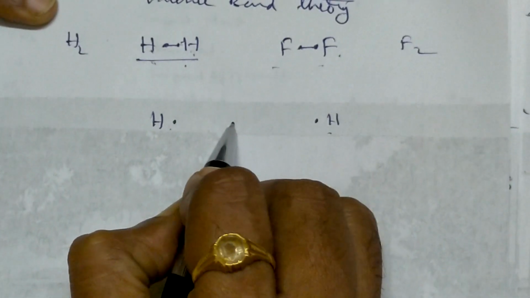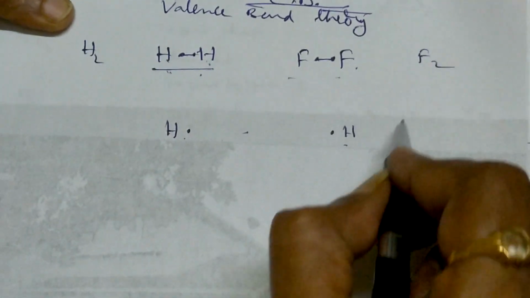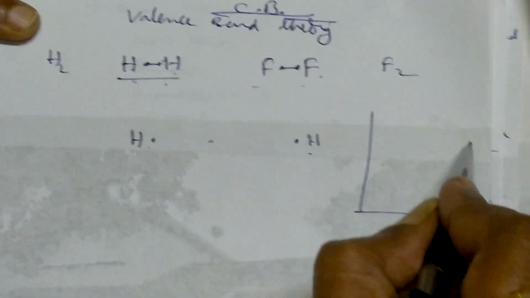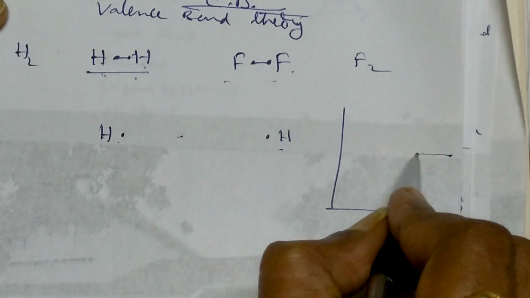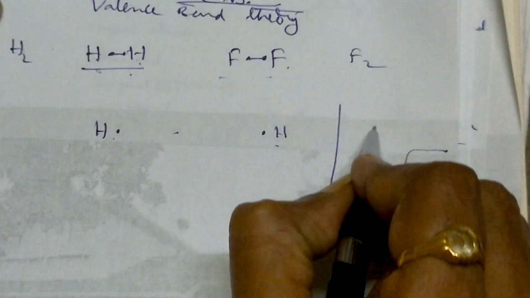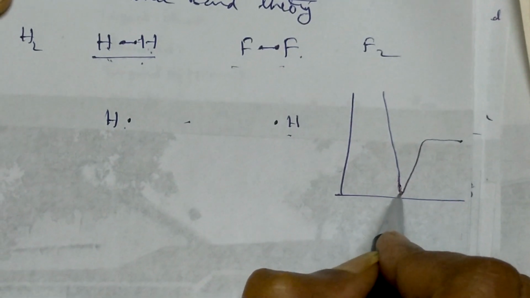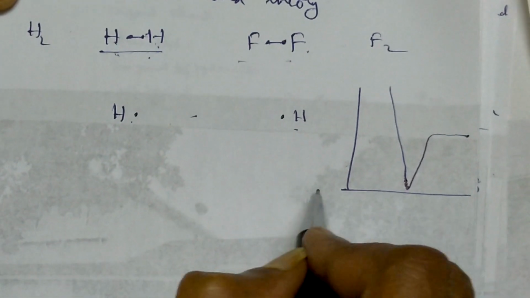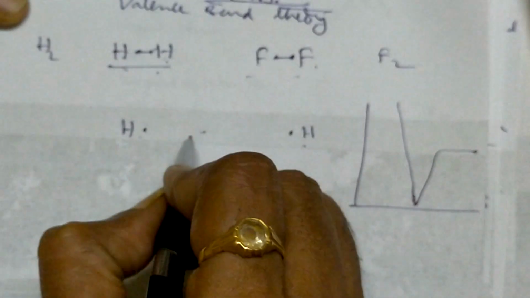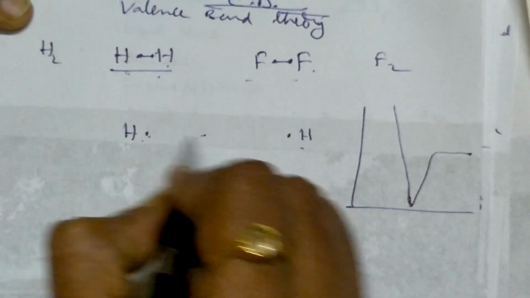But when they are closing in on each other, you see the potential curve, when they are far and when they come closer to the bond length, the bond energy is lower and this is the most stable energy. Suppose this is an attraction between this nucleus and this electron.